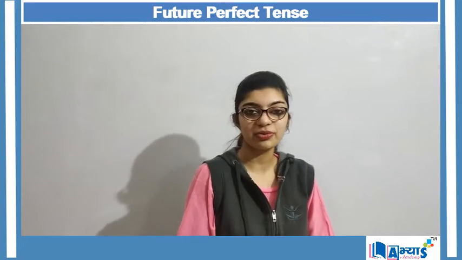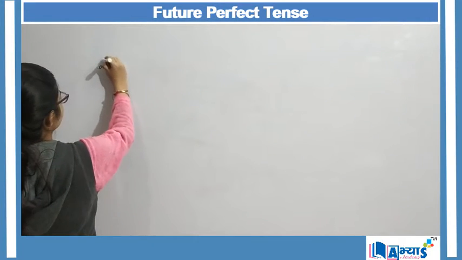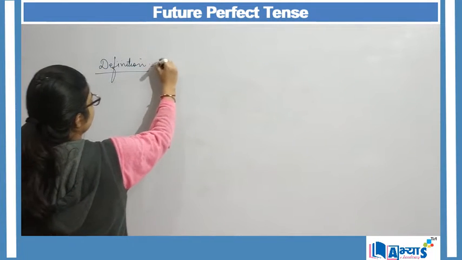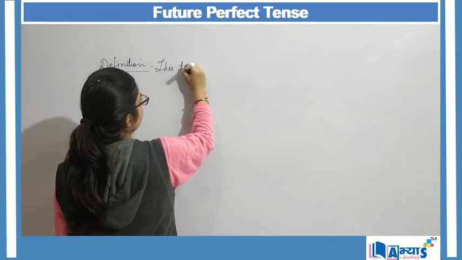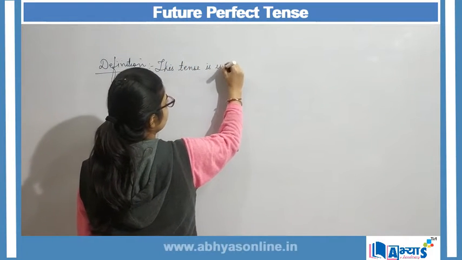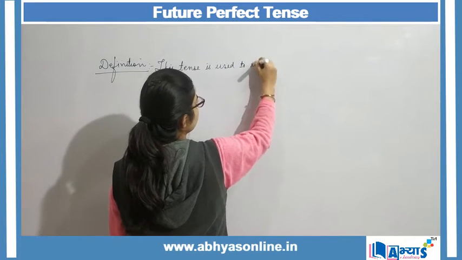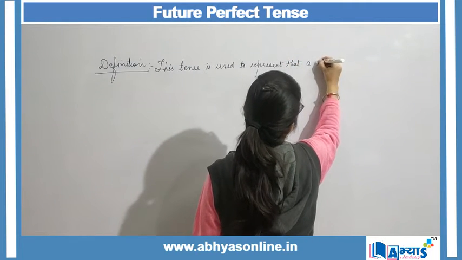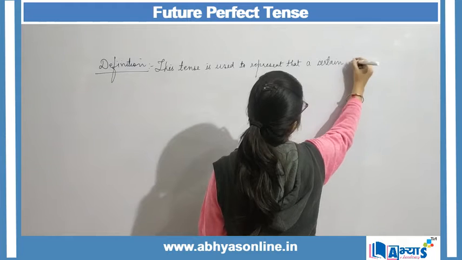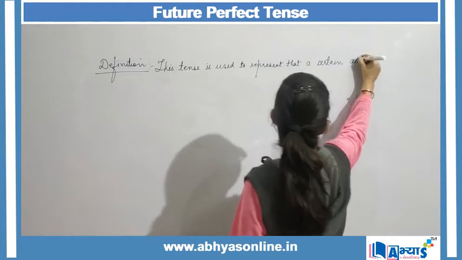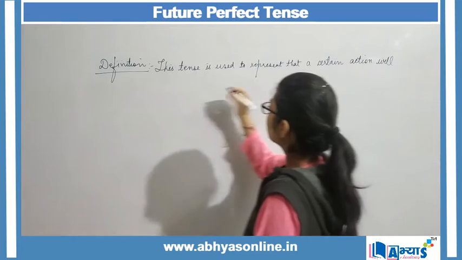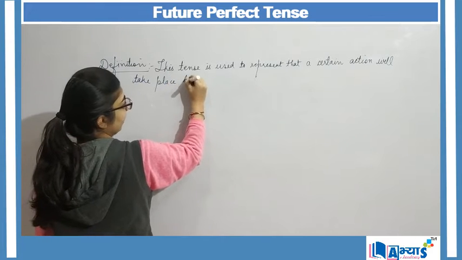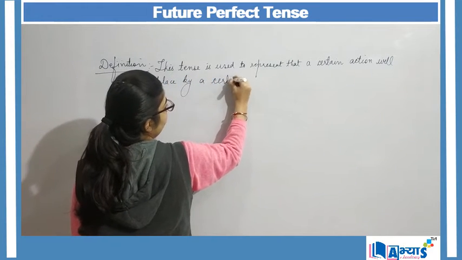So the definition of future perfect is that this tense is used to represent that a certain action will take place by a certain time in future.